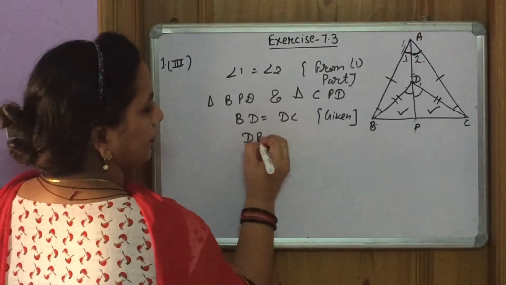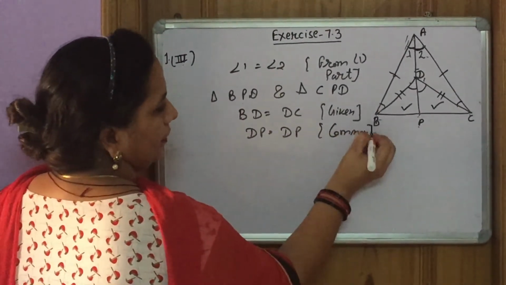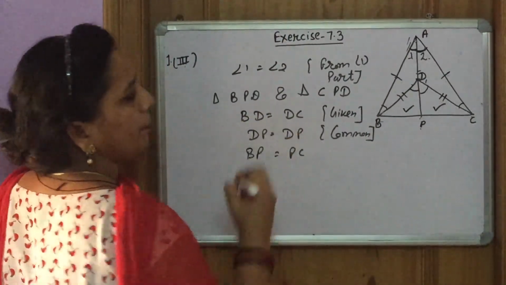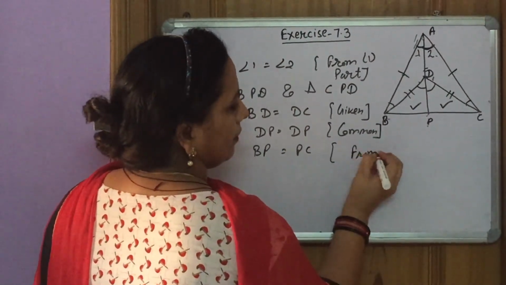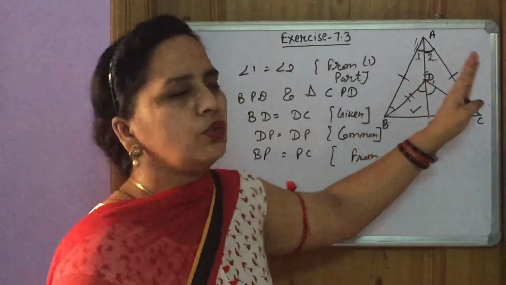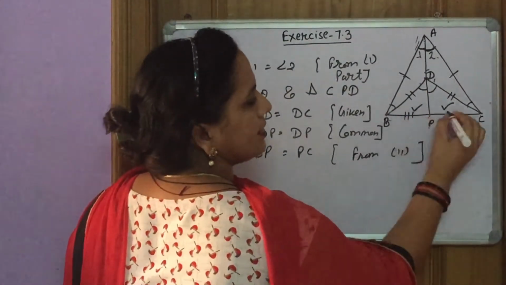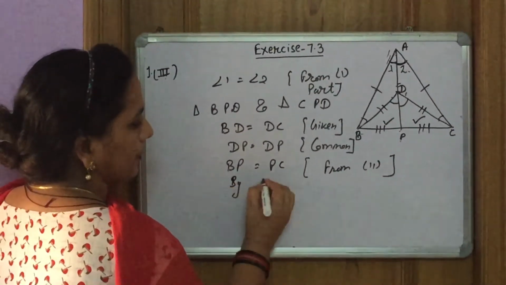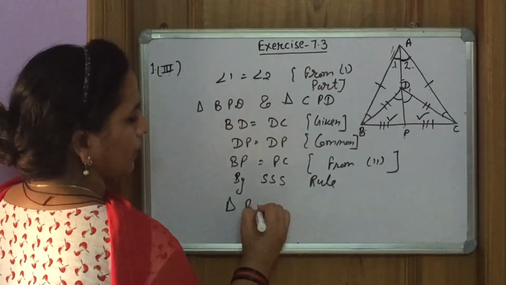DP is common. And BP is equal to PC. Why? From the second part, because in the second part we have proved these two triangles are congruent, that means all the remaining parts are equal. So we can say that this side is equal to this side. So by the side side side rule, these two triangles are congruent.